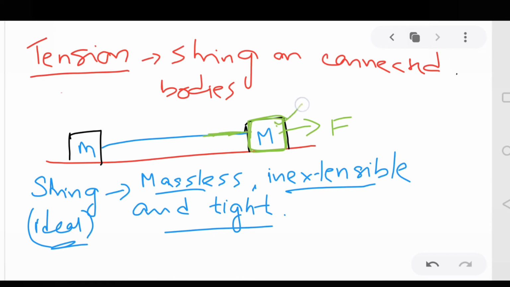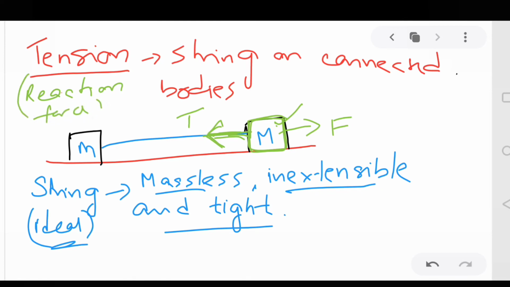That is the action. The reaction will be that the string also pulls the mass, because action and reaction are always equal in magnitude and opposite in direction. This force exerted by the string on the mass is called tension. So tension is a type of reaction force.